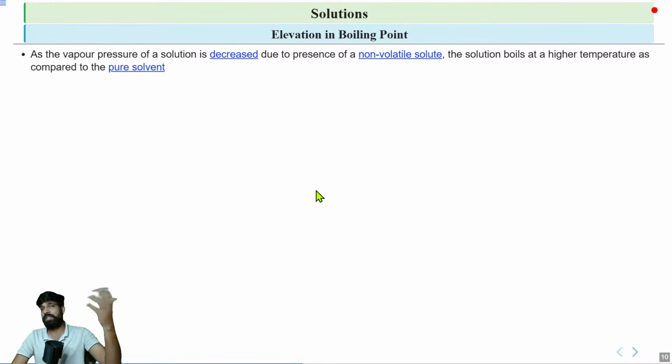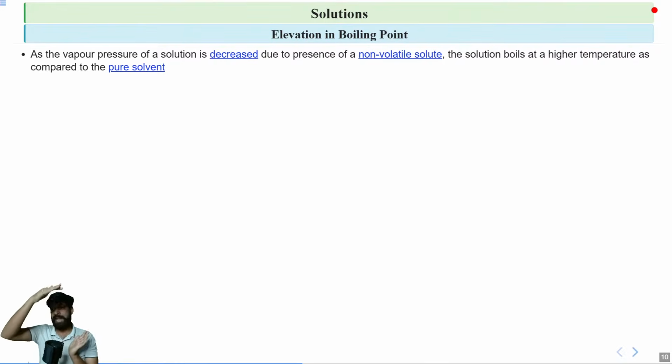Try to understand it in this way. First of all, you should know what boiling point is. Boiling point is that temperature at which the vapor pressure of your liquid is equal to the atmospheric pressure. You can think of this as two things pushing together, right? The atmosphere is supplying some pressure and your solution is supplying pressure from below.